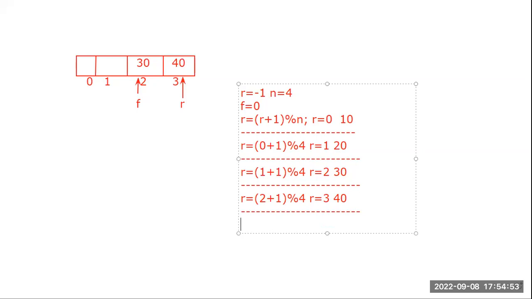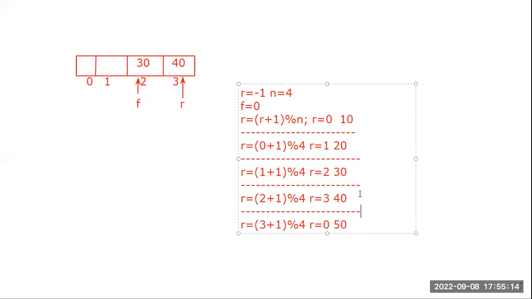So now R equals 3 plus 1 mod 4. How much will it be? 4 mod 4, so R value will become 0. Here, you can insert 50.